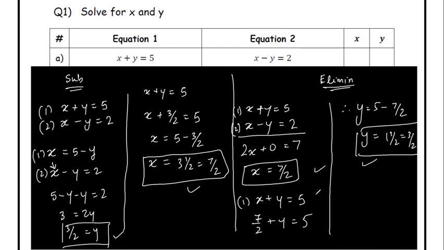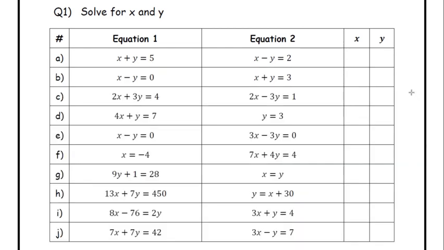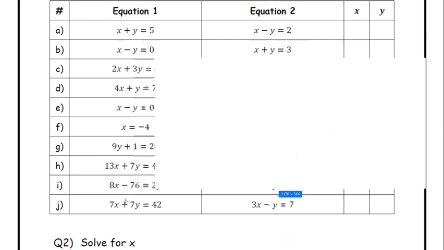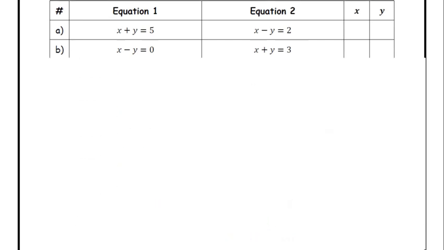Okay, let's move on to the second one. So substitution and elimination. Yeah. So first equation is x minus y is equal to 0.